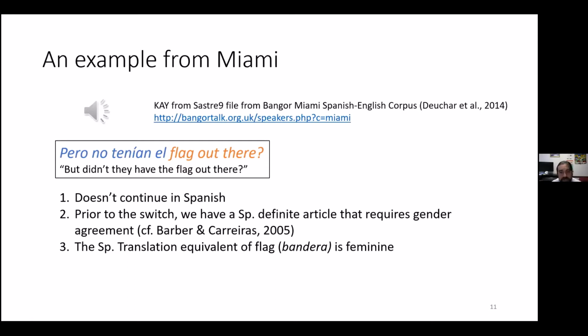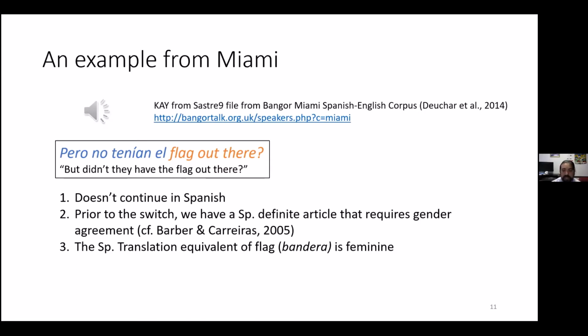The problems here, when we think about this from the perspective of incremental and predictive processing, are, first, that it doesn't continue in Spanish. Second, prior to the switch, in this particular example, we have a Spanish definite article that under Spanish monolingual processing would require gender agreement. And third, the Spanish translation of flag would be feminine in Spanish.